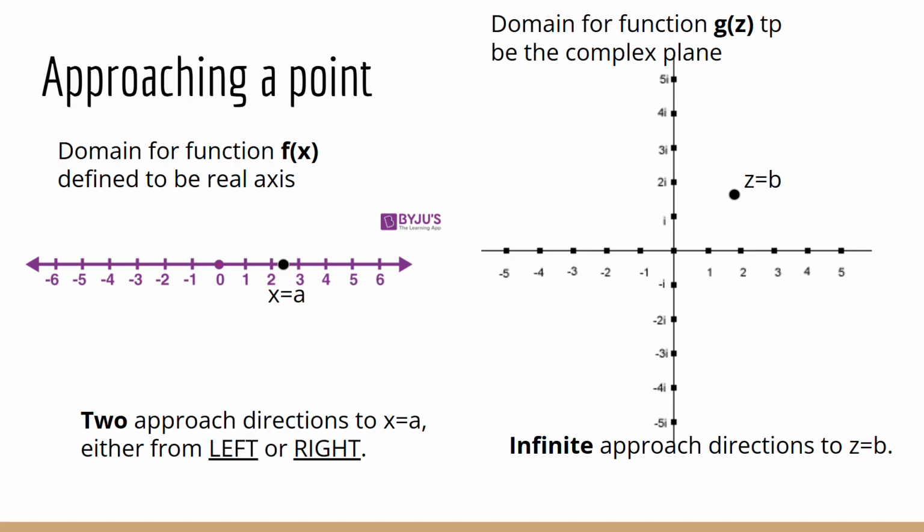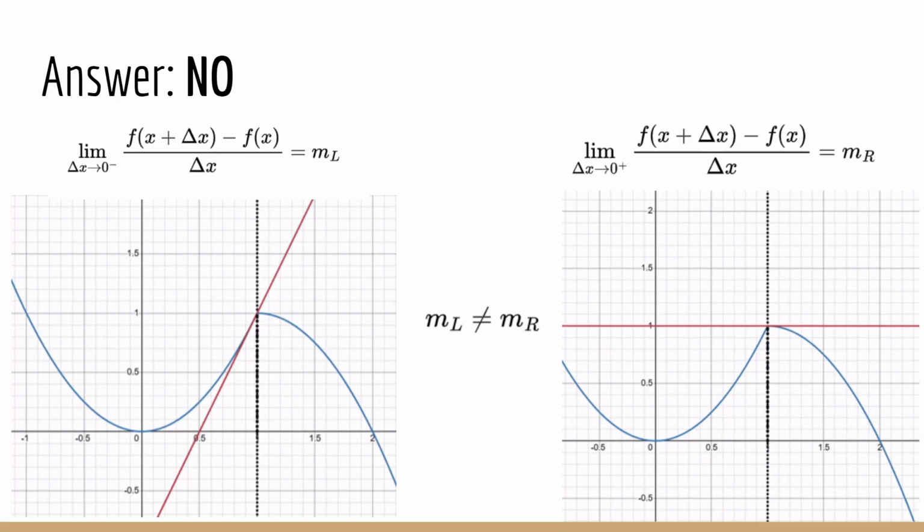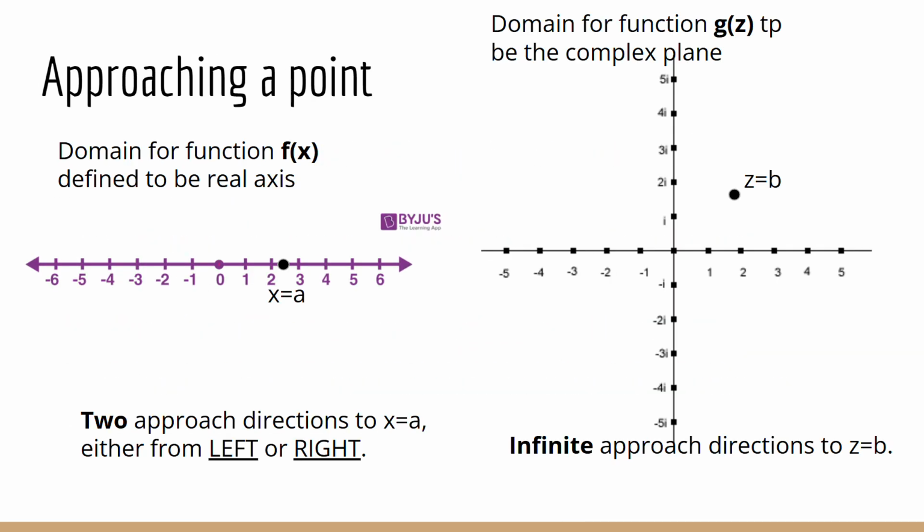Recall that for our real functions, we need to consider the gradients from two directions. That's mainly because there's only two directions where you can approach x equals a.